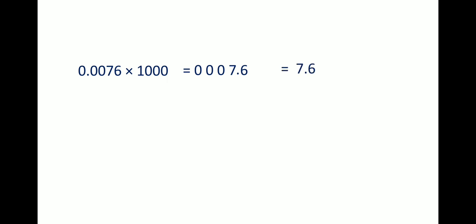So the answer is 7.6. So this is how you multiply a decimal number by numbers like 10, 100, 1000 and so on. Remember, when it is multiplication, the decimal point will shift towards right.